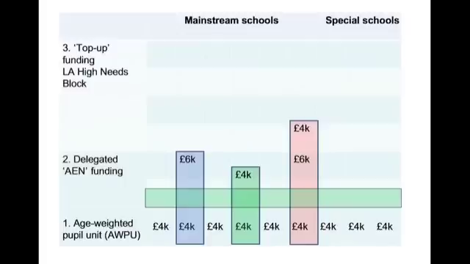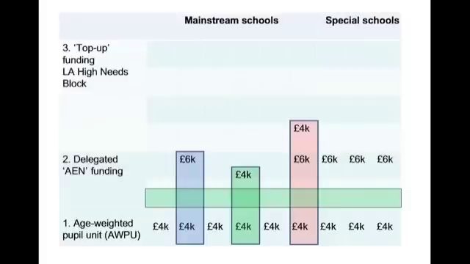Special schools, it is assumed that all the pupils in special schools will cost at least £10,000. So that £6,000 extra that schools find from within their delegated notional SEN budget is part of the core funding for special schools.